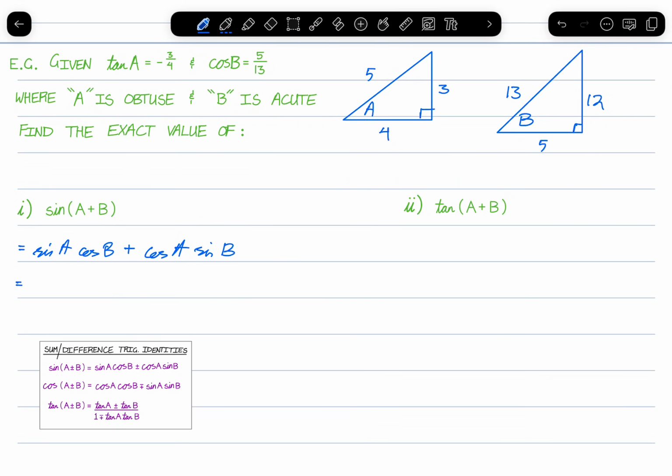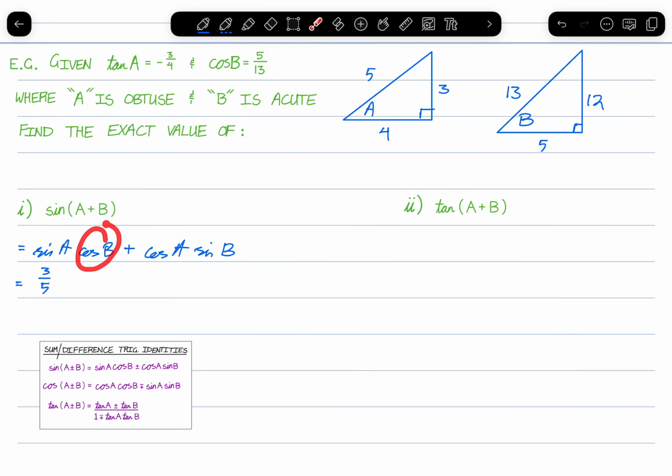So sine A is opposite over hypotenuse. This is 3 on 5. Now, since this is in quadrant 2, sine of A is still positive, so that stays as it is.